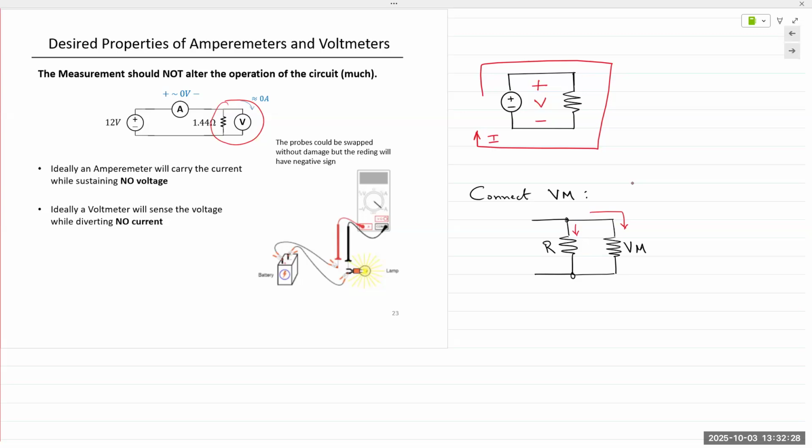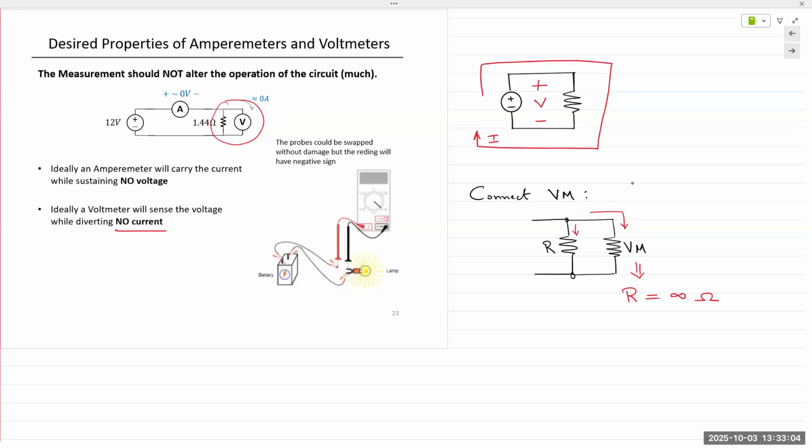So an ideal voltmeter should have infinite resistance. Again, the keyword is infinite. An ideal voltmeter should have infinite resistance, and thus it will draw 0 amps of current away from that circuit. That's the property of a voltmeter. In real life, voltmeters, depending on their design, would have resistances on the order of mega ohms.